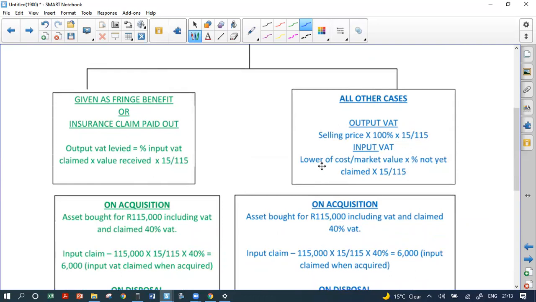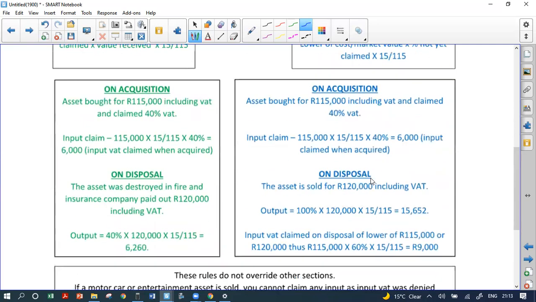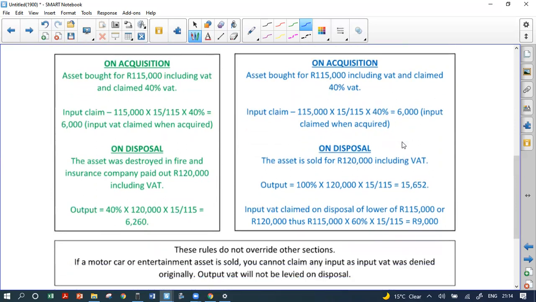Input VAT, lower of cost or market value times the percentage claimed. So it says here, if the asset's bought for 115 including VAT and you claim 40%, your input claim when you bought it would be 40% of the VAT. On disposal, the asset sold for 120. Output is on the big number, but the input VAT is on the lower of cost or market value, the amount you've sold it for. So you get to claim whatever's there.